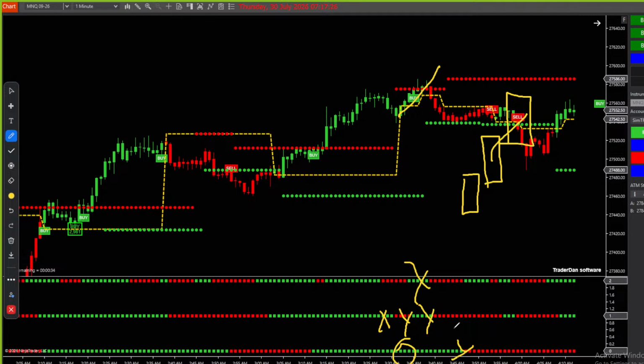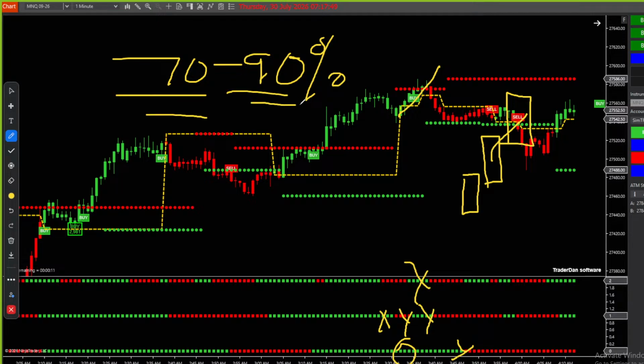I mean, guys, I'm trying to make trading as simple as possible for the average Joe, so they don't have to jump through thousands and thousands of dollars of education to learn how to trade. If you have something that you can follow, or something that is going to give you a 70 to 90% win rate, depending on the time that you use it and the way that you use it, this checks out every time, right?